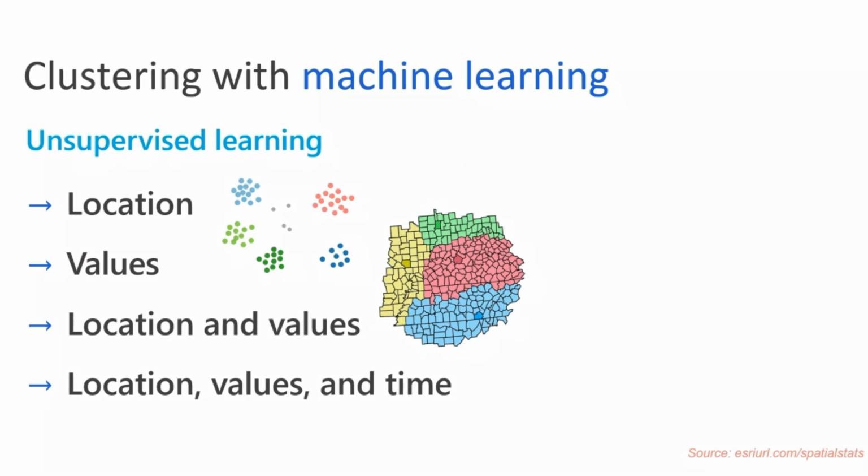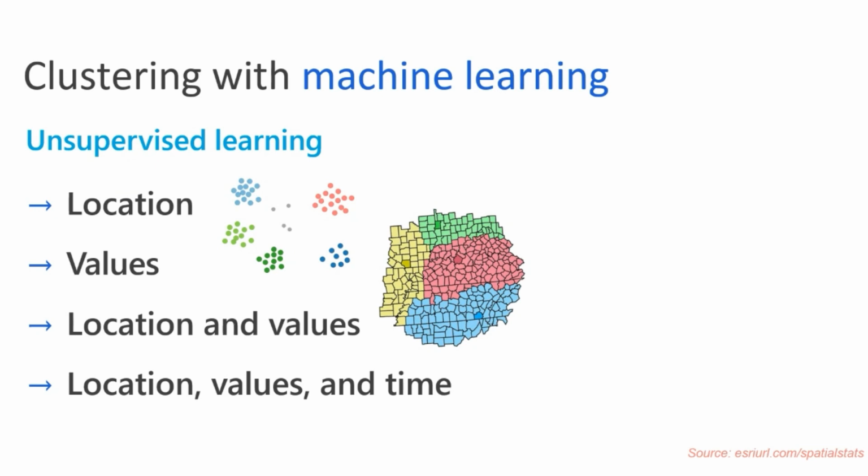So in machine learning, you can cluster your points based on just location or values. So location would mean like accident locations or incidents of fire. So those would be location-based clustering. Value-based clustering will be useful when you're trying to understand income or education or literacy rates.